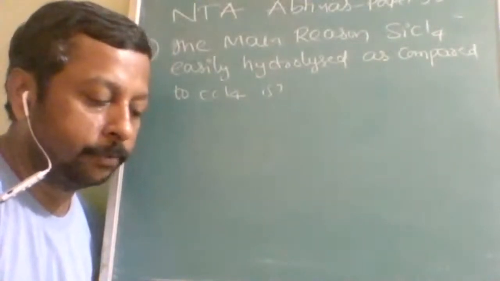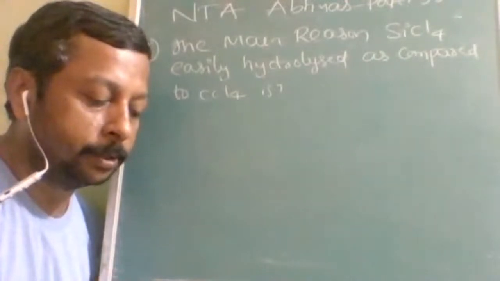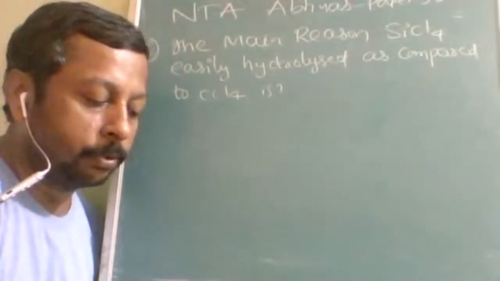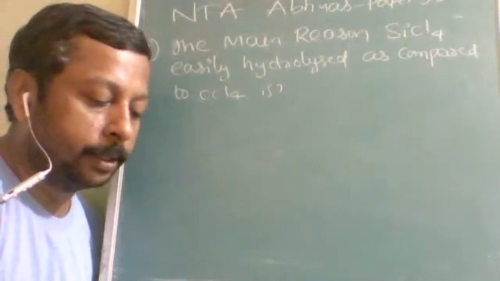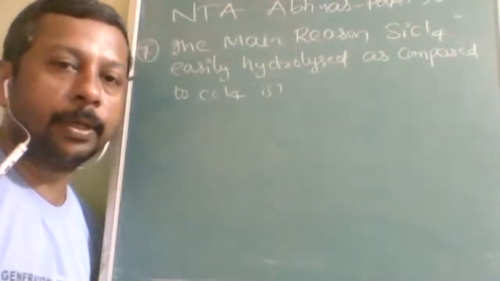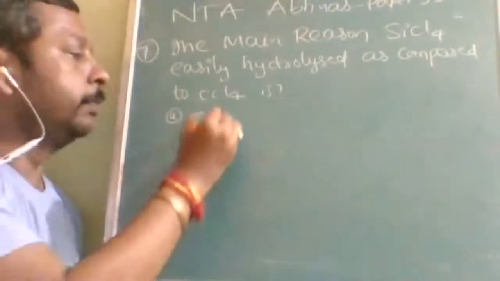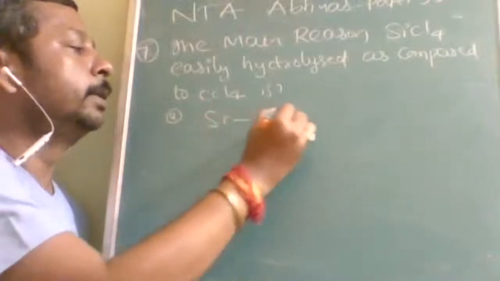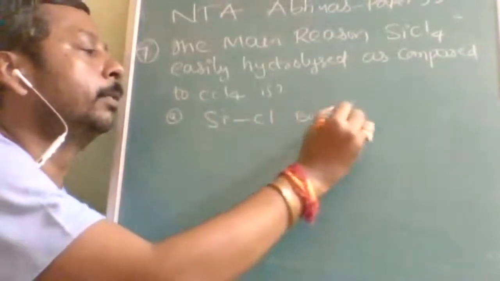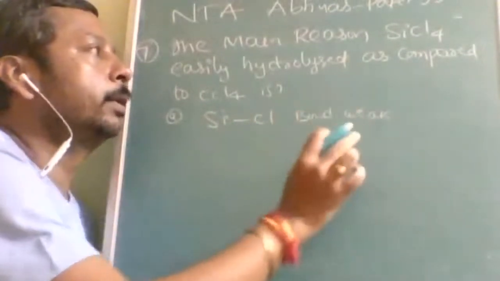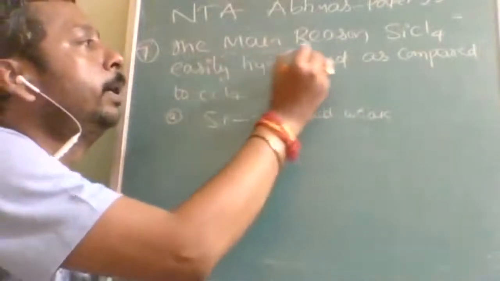Second, SiCl4 can form hydrogen bonds. Third, SiCl4 is more covalent. Fourth, Si can extend its coordination number beyond 4. The first option says the Si-Cl bond is weak. It is correct only, but see the question here: the main reason.